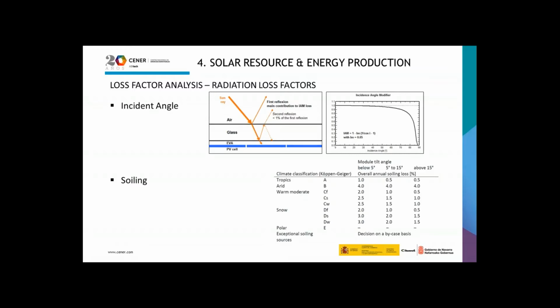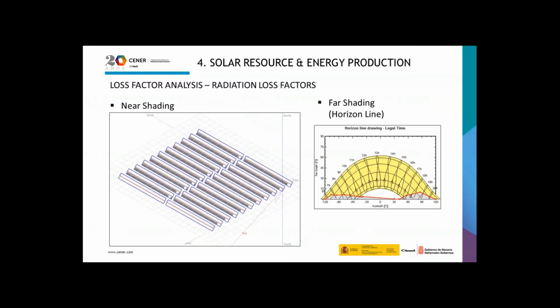The soiling, which is related to the dust and dirt deposited on the module surface and depends on the climate and type of the terrain. Shading effects, both near shadings or outer shadings and far shadings that are generated by the horizon line.